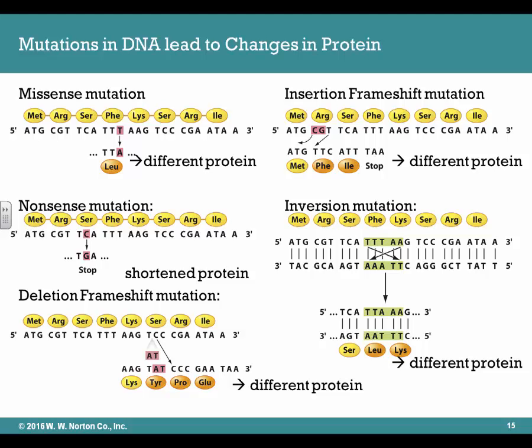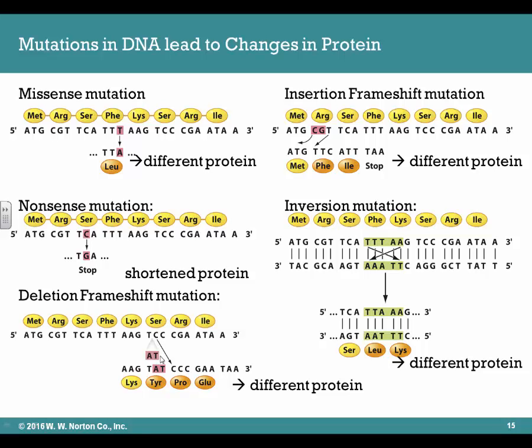That can have very dramatic effects on the function of a protein because you get a much shorter protein. A whole bunch of the protein is missing. Most likely that protein is not functioning. And then sometimes there's not a change in the base, but actually a removal of the base.